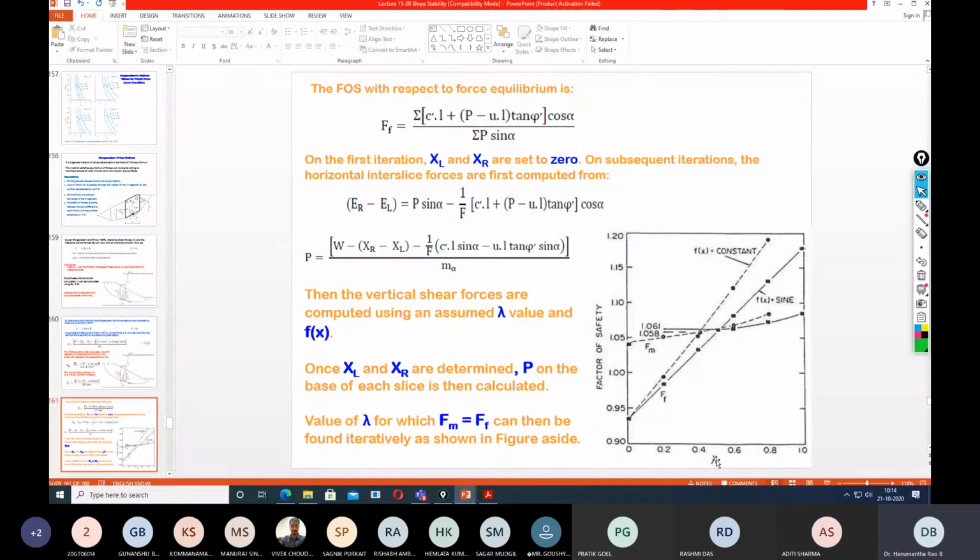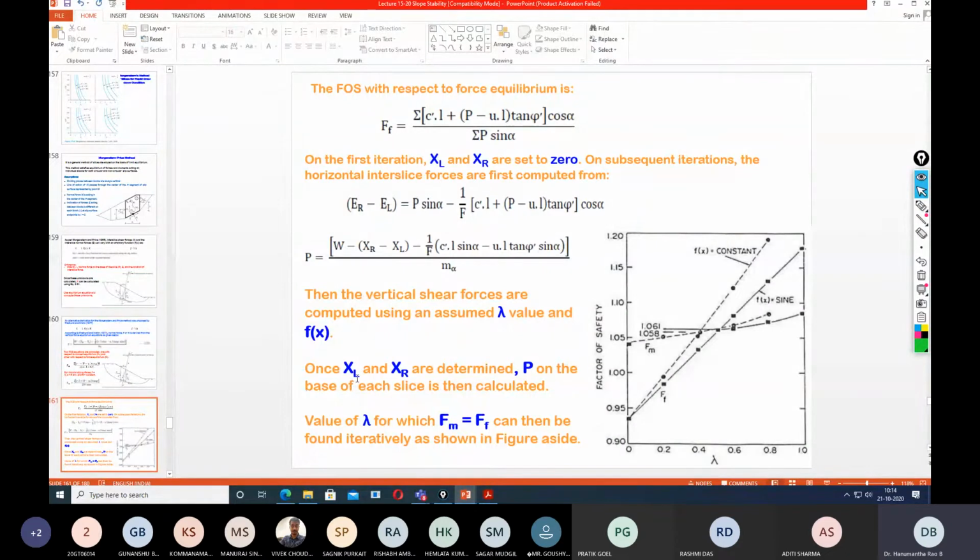So you need to initially define the loading condition, the f of x, say in the form of a sine or a constant. Constant means the horizontal surface, sine means some variable load. Then assume again the value of lambda and try to determine the factor of safety.